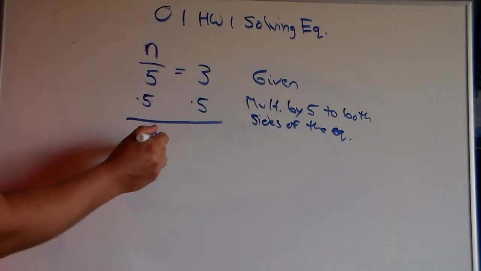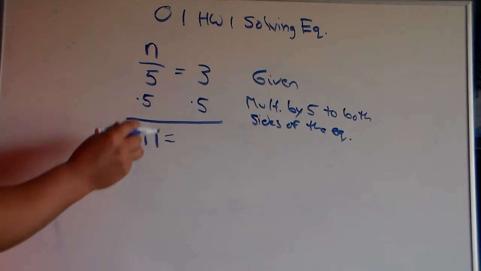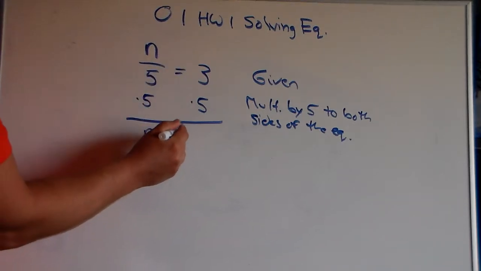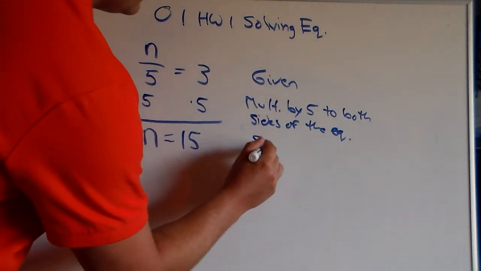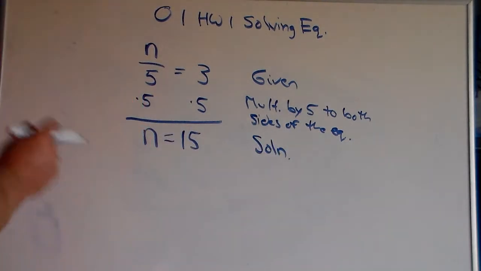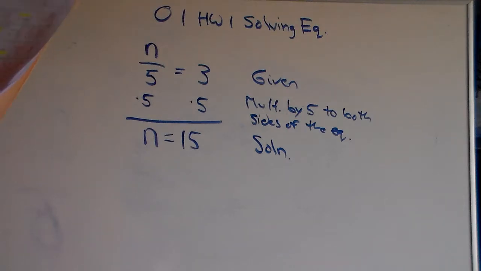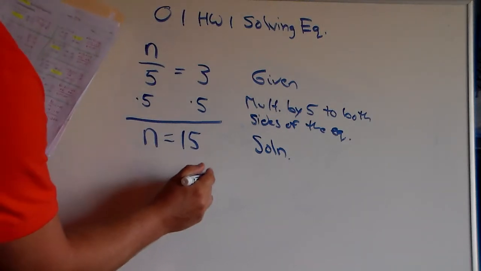So you're just going to have n equals, and then 3 times 5 gets you 15. And that is our solution, which is option C for problem number 3.